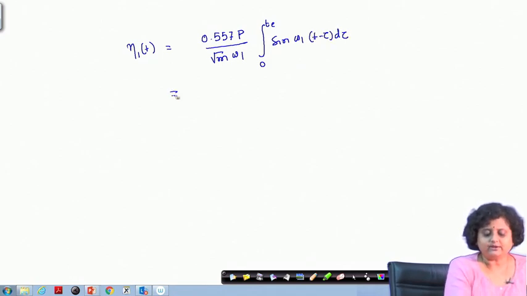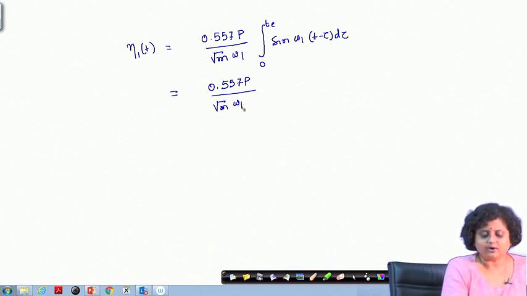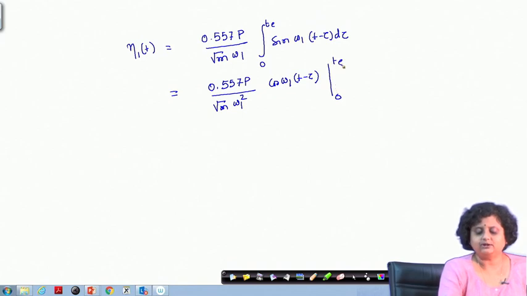If I evaluate this integral, I am going to get 0.557 p by root over m omega 1 square into cos omega 1 (t minus tau) with the limit from 0 to t e.